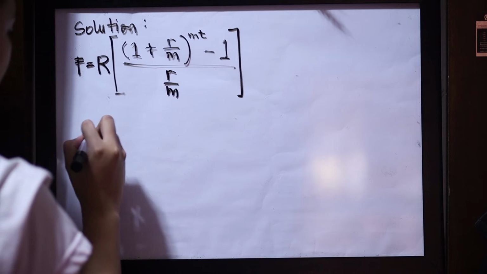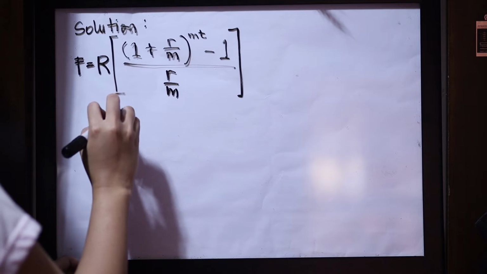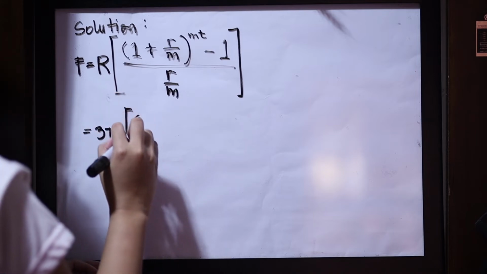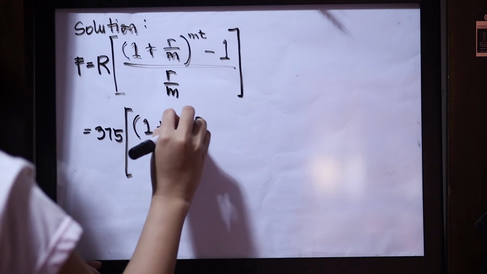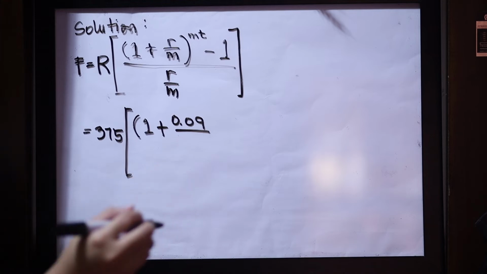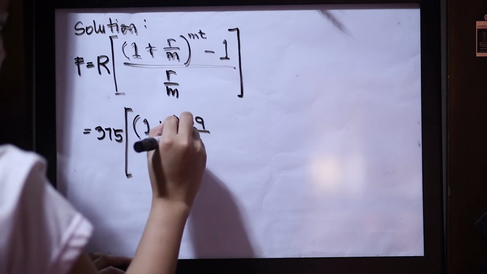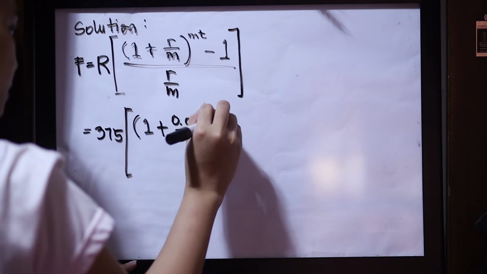We have R as 375. And then, open, we have 1 plus, yung R natin? 0.09 all over M na, yung M natin? 2. And then, M natin is 2 times 5.5.